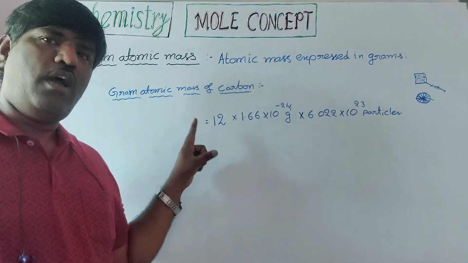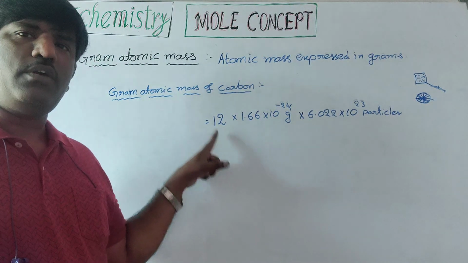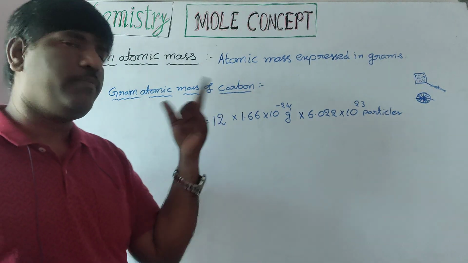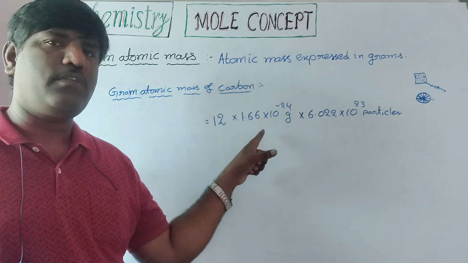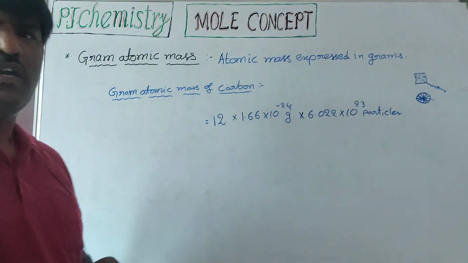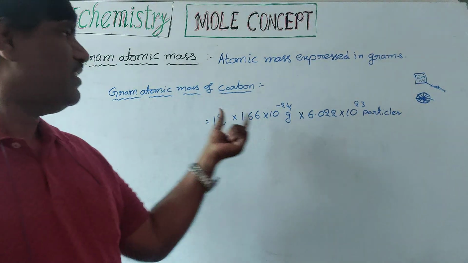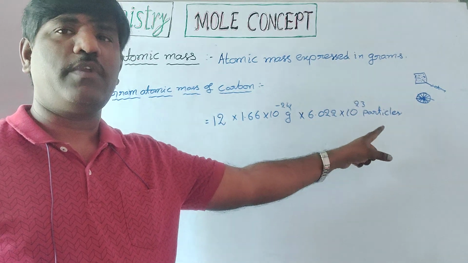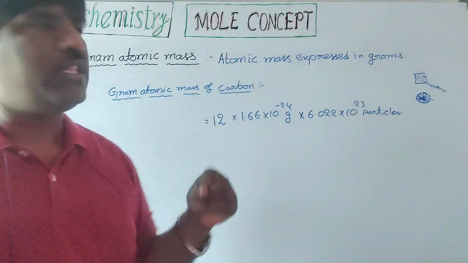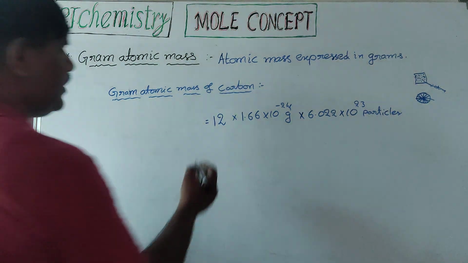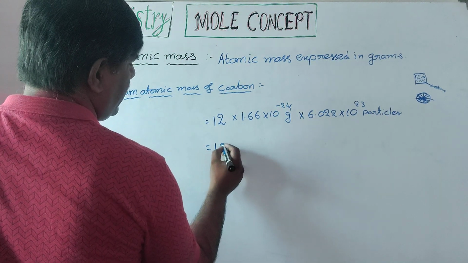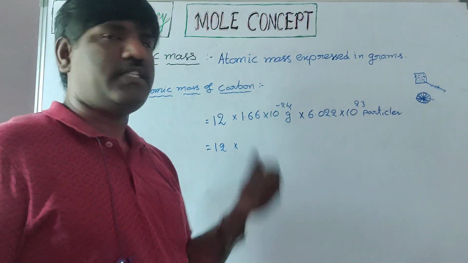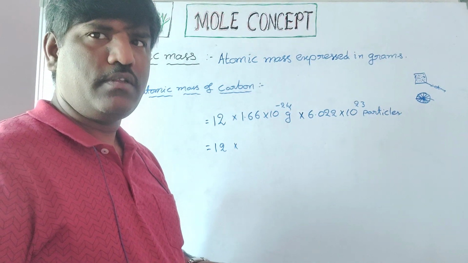The particular atom, how many parts did we divide? Carbon, 12 parts. One small unit value, how much? 1 by 12 part is 1.66 into 10 to the power of minus 24 grams. Like these atoms, how many are there in an element? 6.022 into 10 to the power of 23 atoms. Now, if you multiply all this, 16 into 6 is almost 96 only.